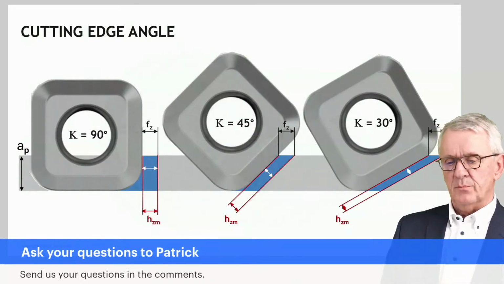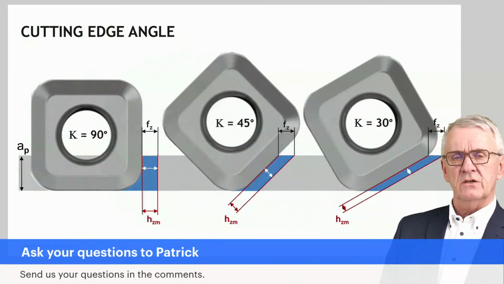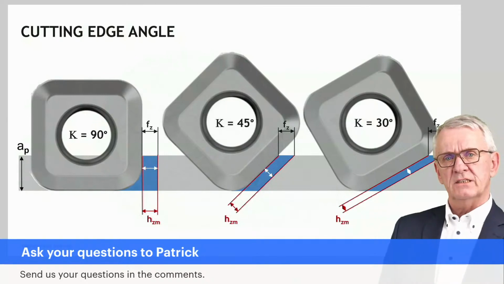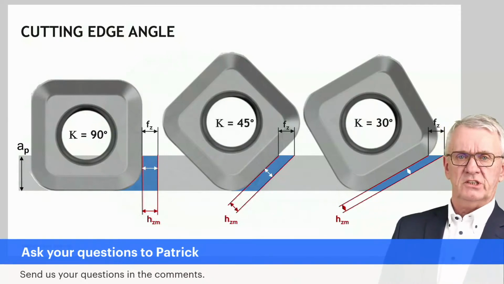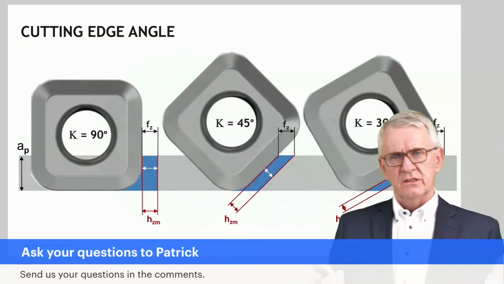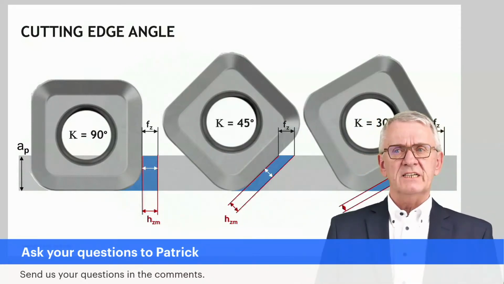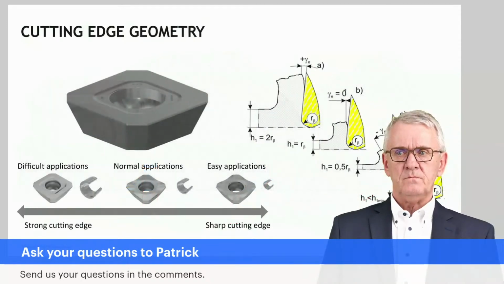That kind of represents high feed milling cutters. You see all three used with the same feed. And you see, as you move away from 90 degrees, you have a thinner chip for the same feed. So the relation between the feed and the chip thickness is also influenced by the cutting edge angle.